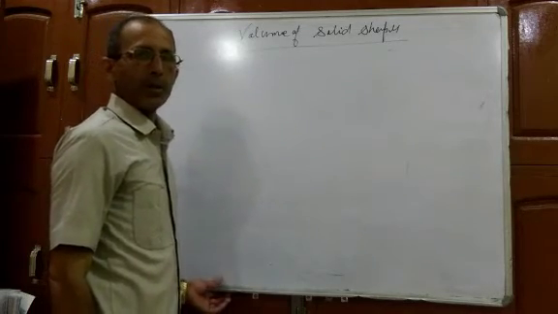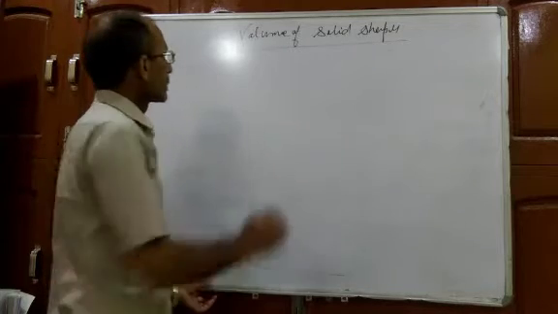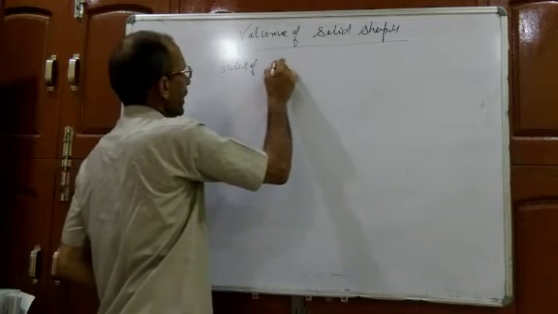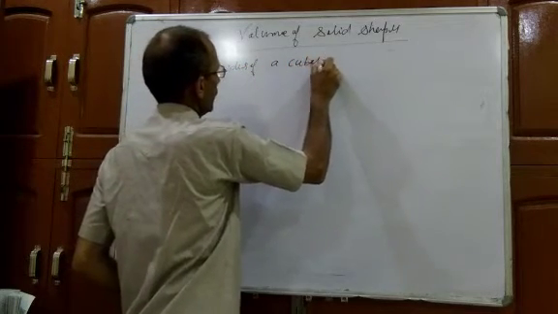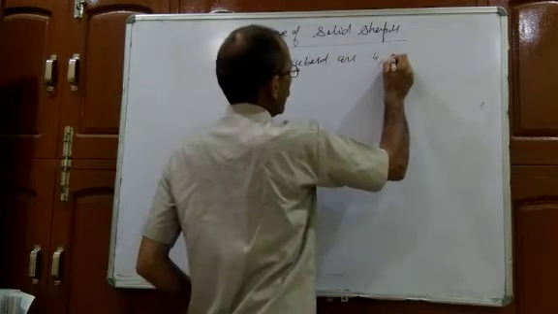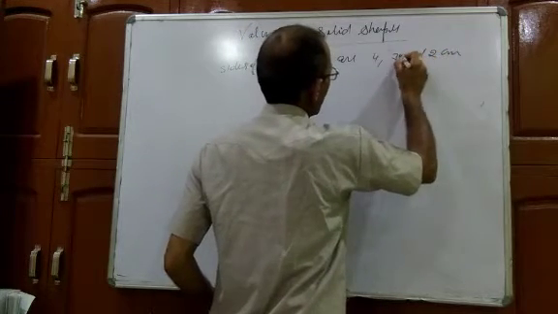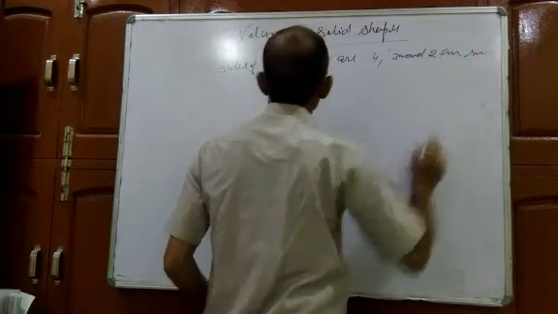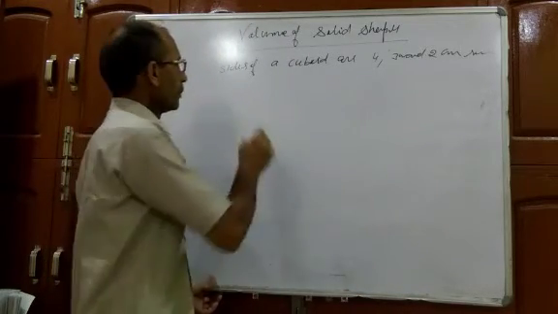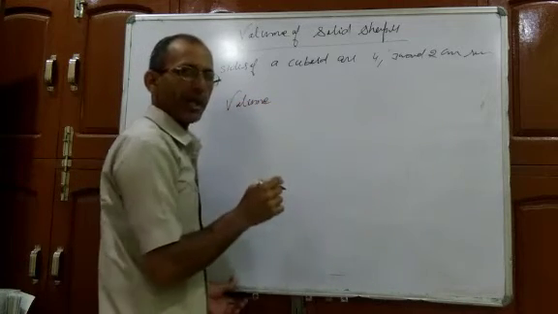Now, the sides of a cuboid are 4, 3 and 2 centimeter respectively. We have to find the volume of the cuboid.